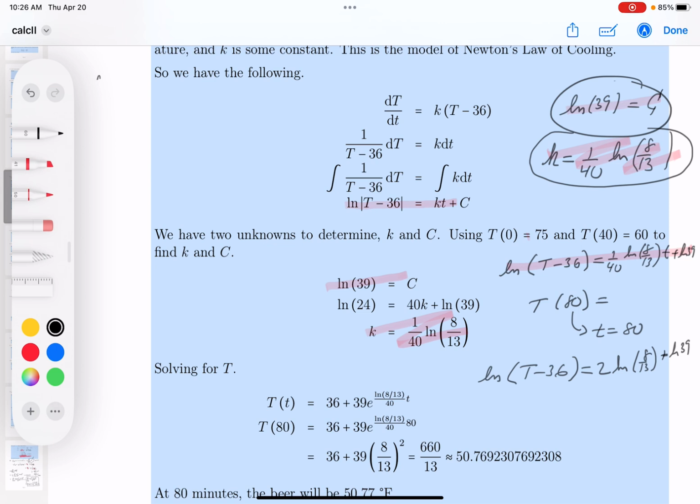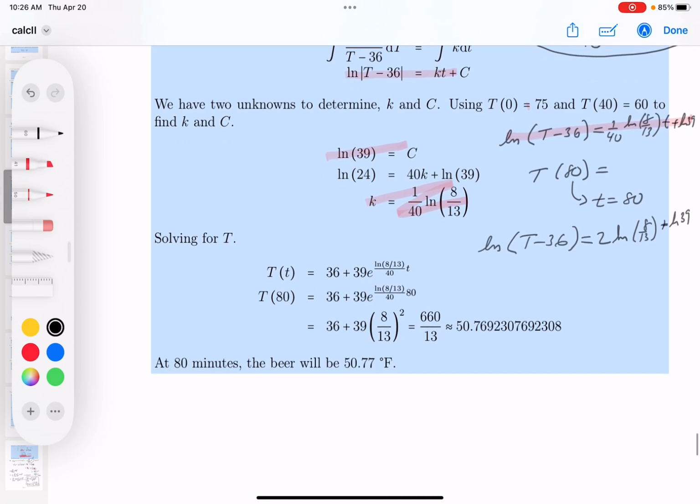Boy, there's a lot of logs there, aren't there? Let's write this down. The natural log of T minus 36 equals the natural log. I'm going to take the 2 up, and that's going to be 8 squared over 13 squared. I'm sorry, plus. I keep saying that.